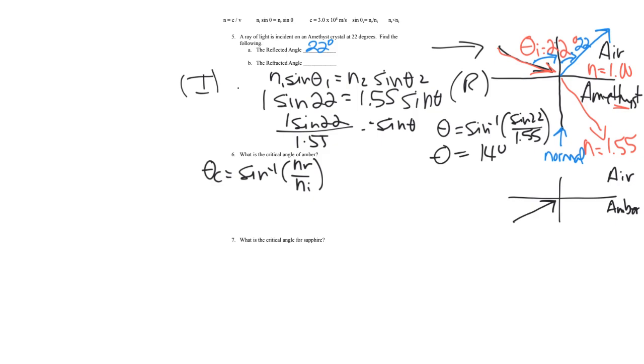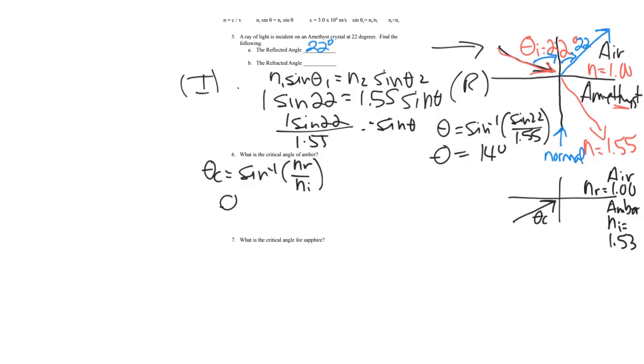To solve for the critical angle, theta c, you're going to need the incident substance. So where does the light start? This is the ni. And when you look that up in the table, that's going to be 1.53. The refracted substance would be air.